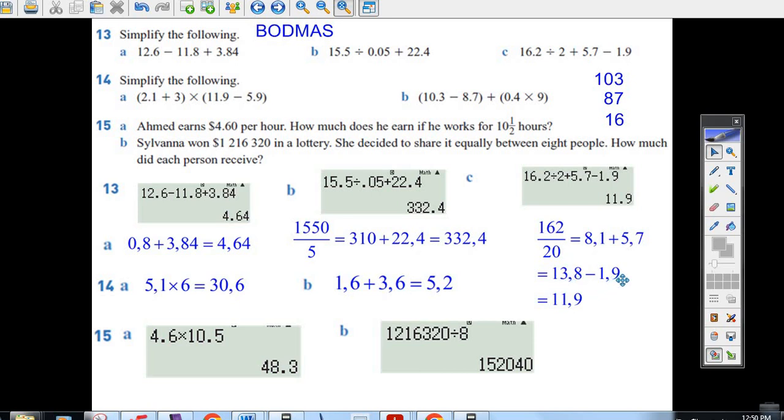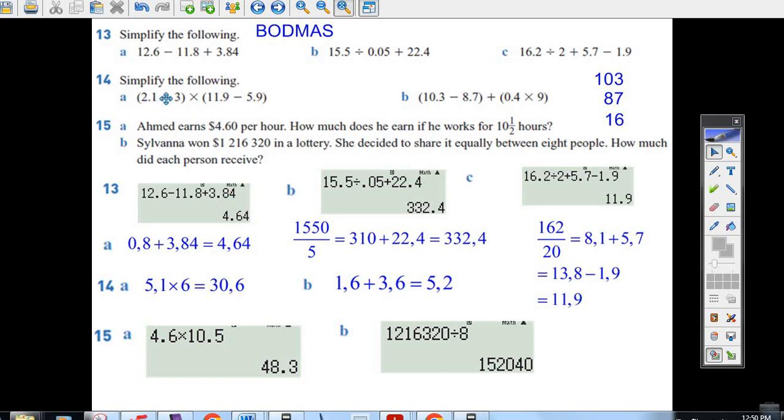Take away 1.8. Well, 38 minus 19, that's going to be 19. That's right. So it's 18, 19 there. So there's that one done. Not too bad.